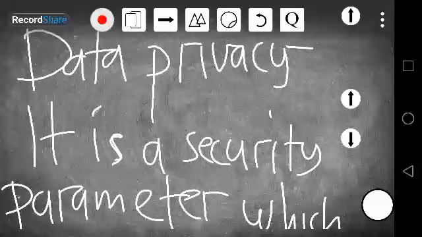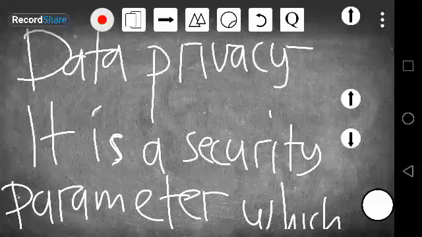So the moment you want to log in to those documents, you can't, but they are your documents. You get what I'm saying? So your data is still secure, but it's no longer private. I'm sure you're getting what I'm saying. That's the reason why I've said data privacy and data security are two different things. Because if your data is encrypted, it's no longer private, right?